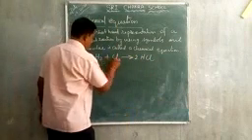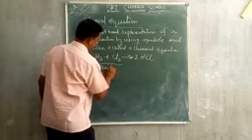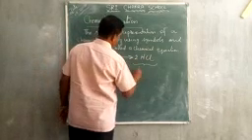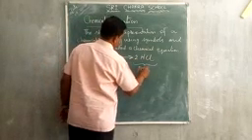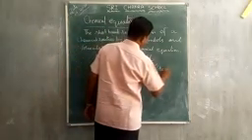Here hydrogen and chlorine are reactants. HCl is the product. Product also is called a resultant.